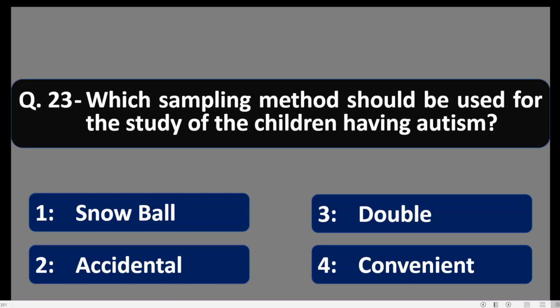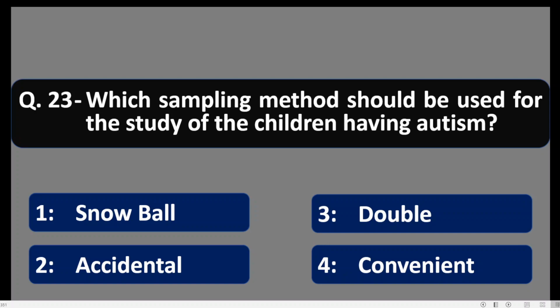Friends, here the children having autism are to be studied, and we know that all the children for the study will not be found at the same place. So initially the researcher has to find some such children who have autism, and after studying them, with the help of such children or their parents, he has to find the location of other such children.